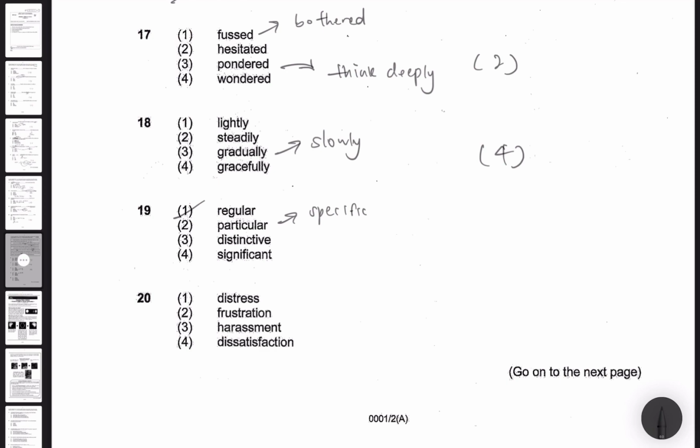Not really unique. Distinctive. Yes, that's the answer. Right? Significant means what? Important. Okay, so again, process of elimination, we figure out that 19 is option 3, distinctive, which means unique to something.